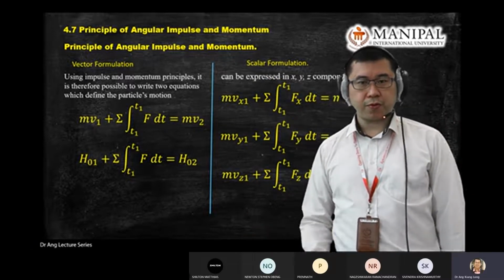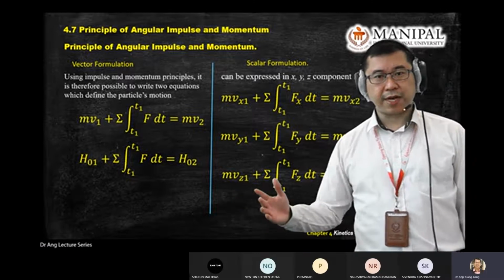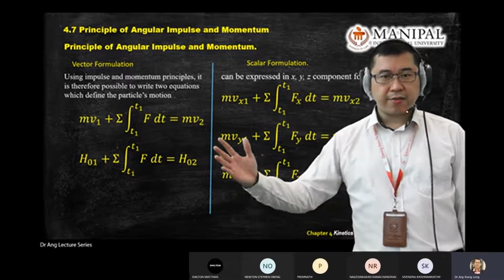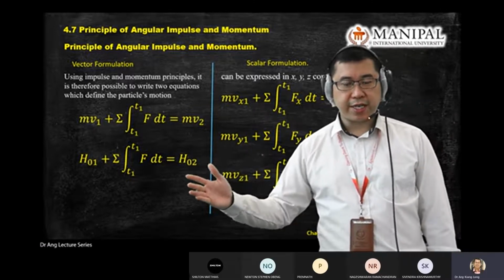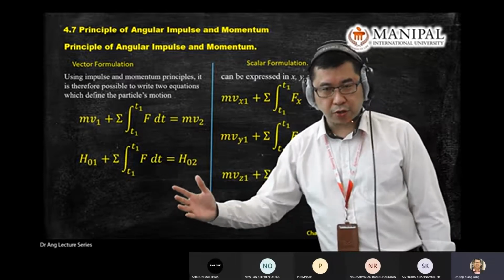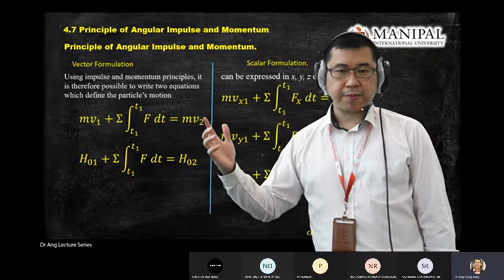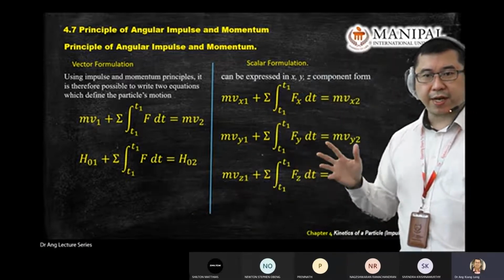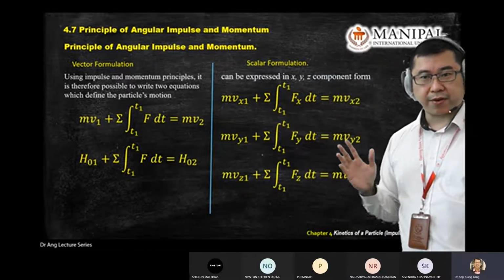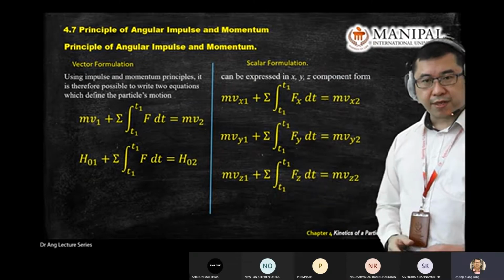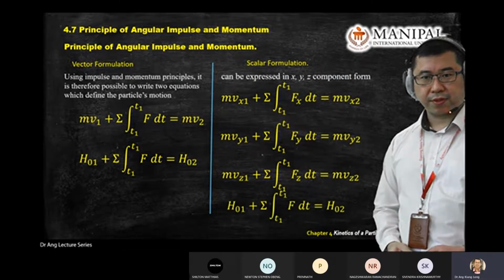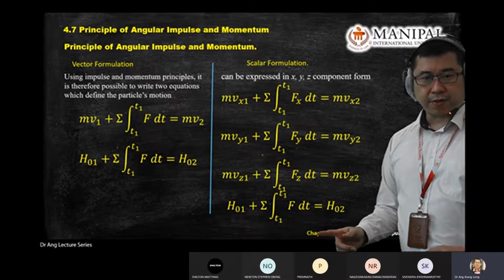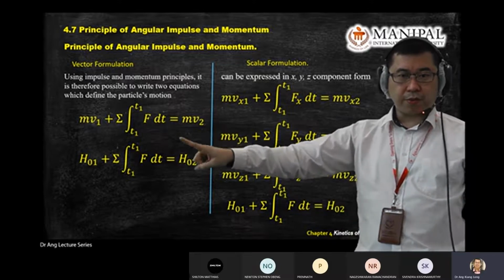Just for your info, what is the difference between vector and scalar? Vector, you are seeing i, j, k, a three-dimensional description. However, in scalar, you can write in x, y, z that you're familiar with. Same with this one, so there are two formulas.